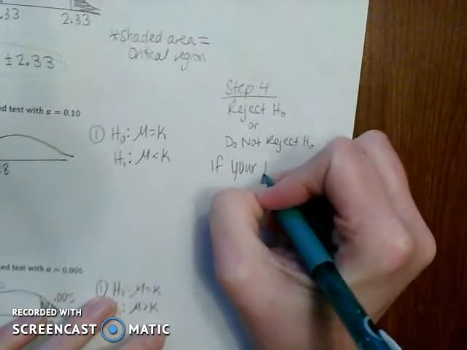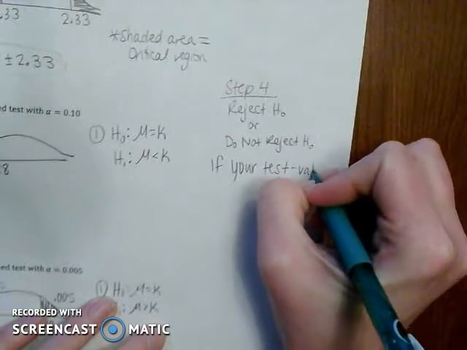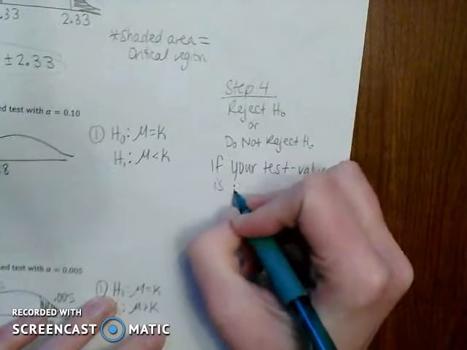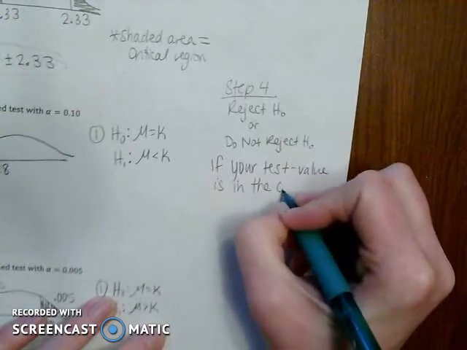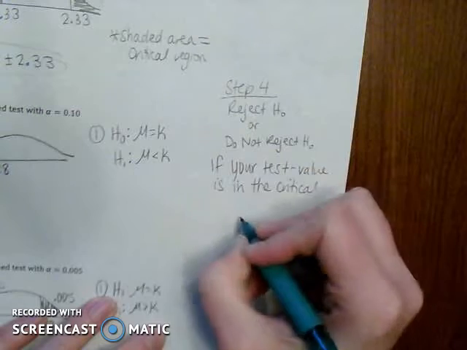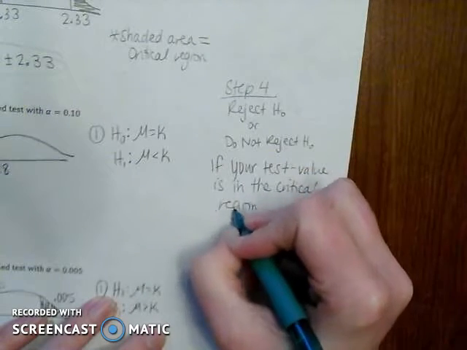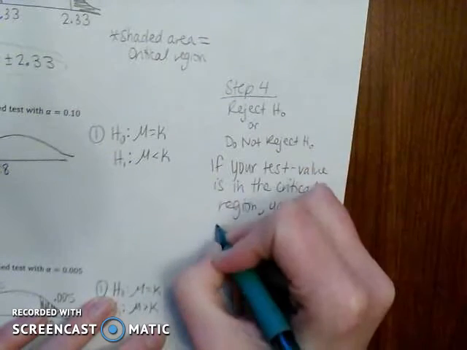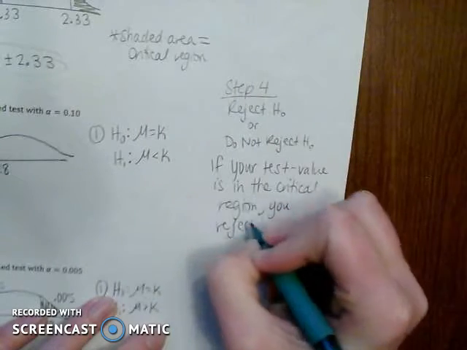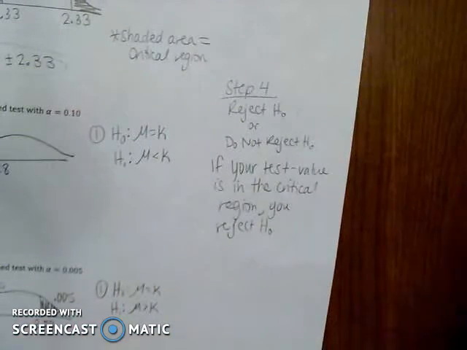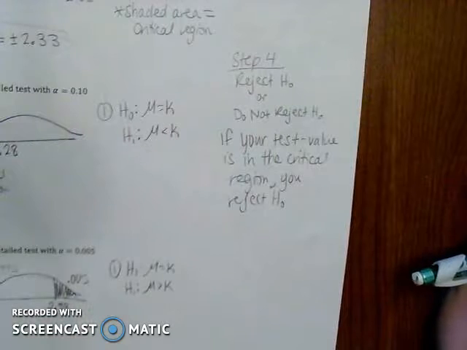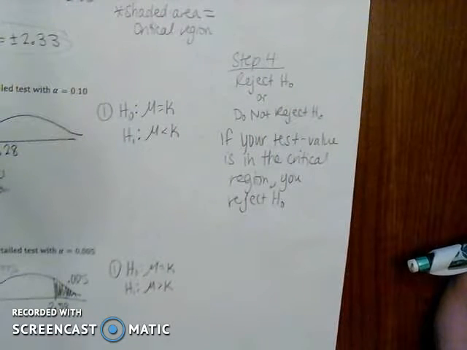If your test value, which we don't know what to do with yet, is in the critical region, you reject H sub 0. If it's not in there, then you don't reject it. I know this is super confusing right now. Hopefully when you look at 8.2 and see a whole problem done at once, it will make more sense.